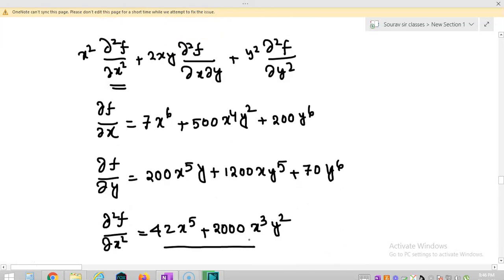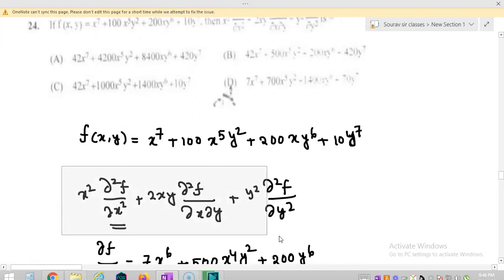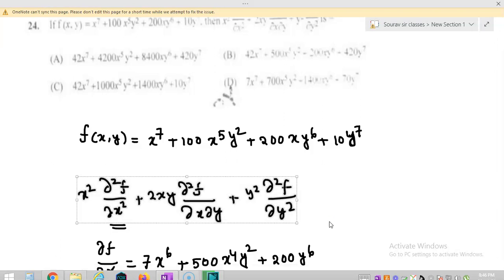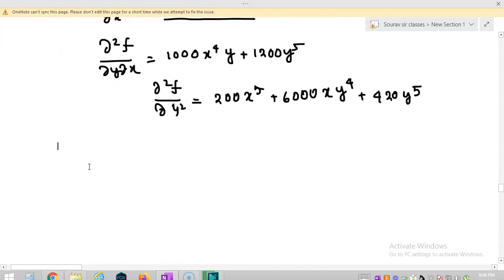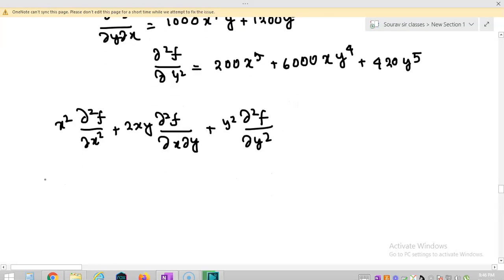Now I have to find out the value of this expression, so I'm copying this and pasting here. First of all we need to put the value of del 2f del x2.